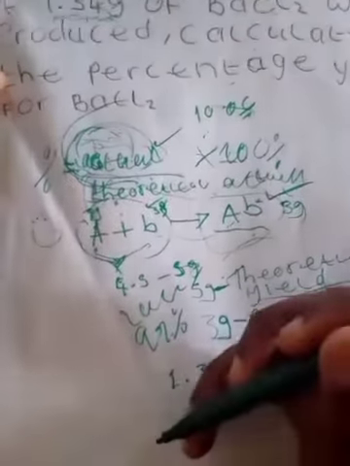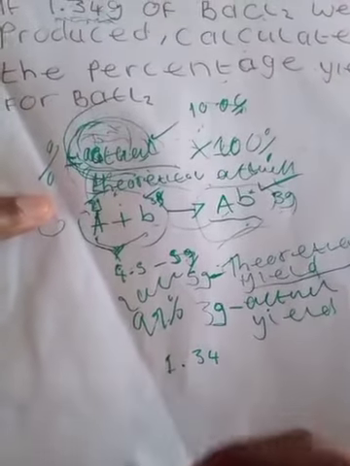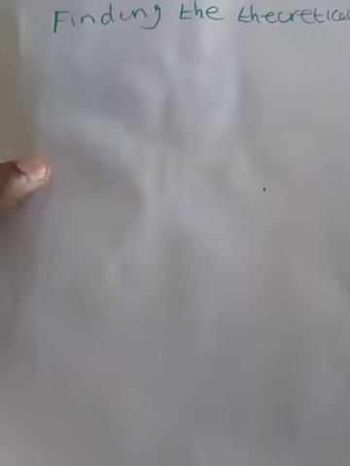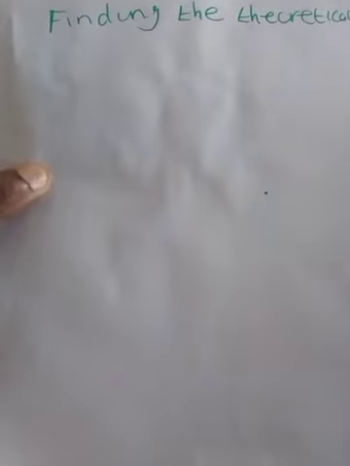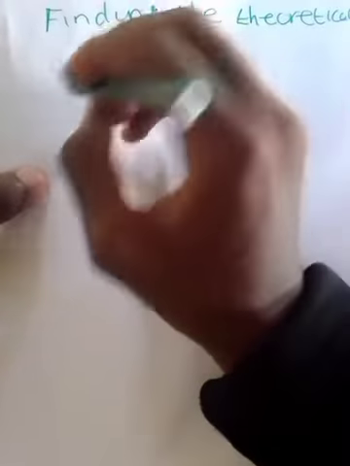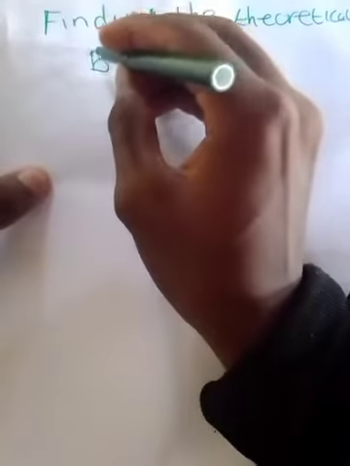So you're going to look at your equation. Now to find the theoretical yield, you're going to first find the number of moles. Remember, we want to find for barium chloride, right?